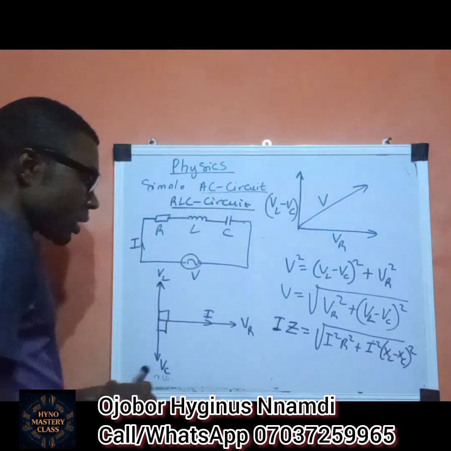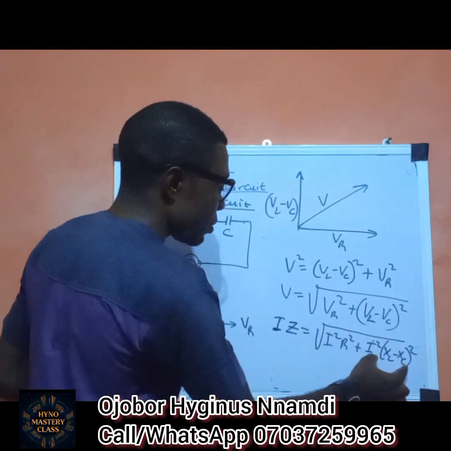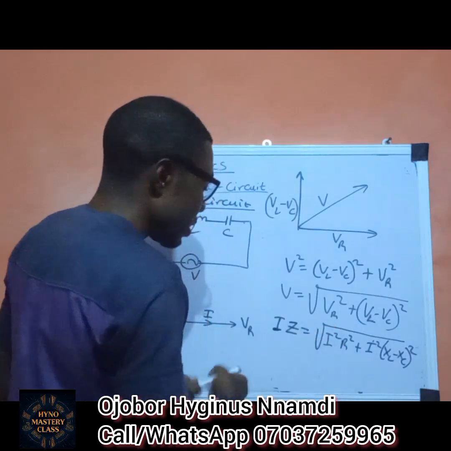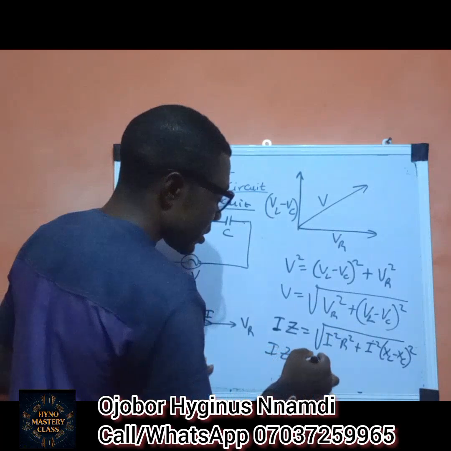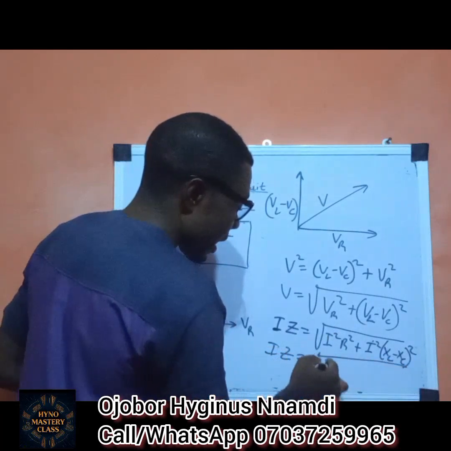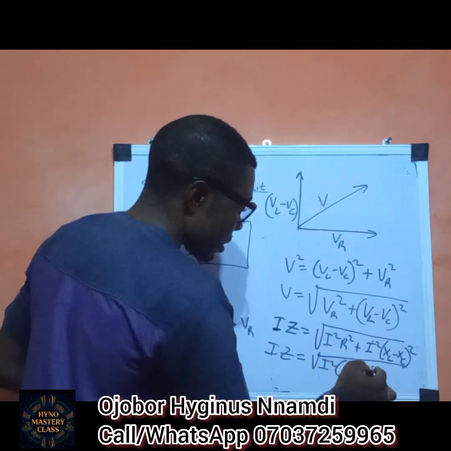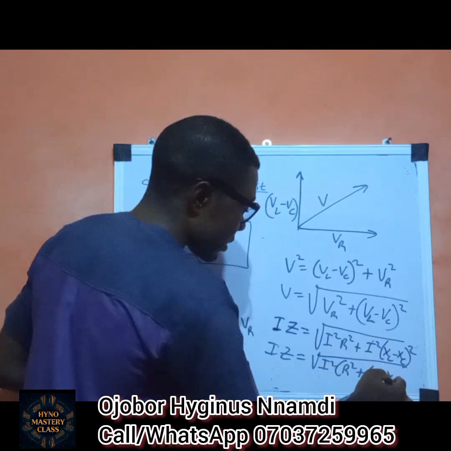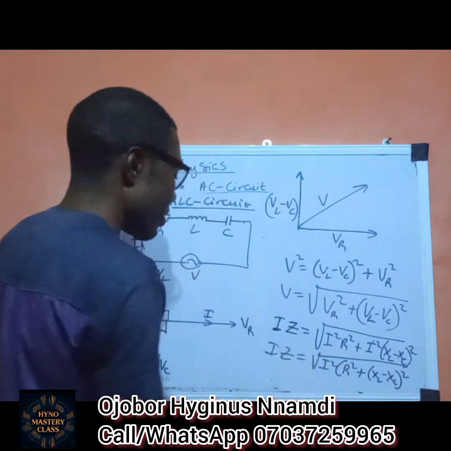Okay, and because the current is common to these two terms, we can factor it out to have that IZ equals the square root of I squared bracket R squared plus XL minus XC squared. Of course, this square will cancel the square root so that this current will come out.